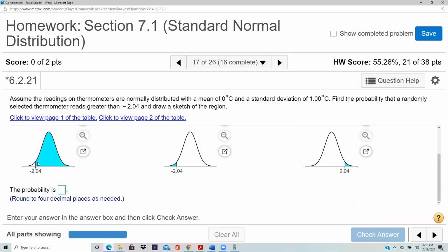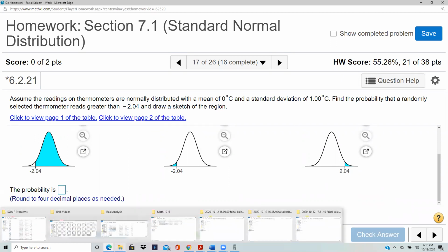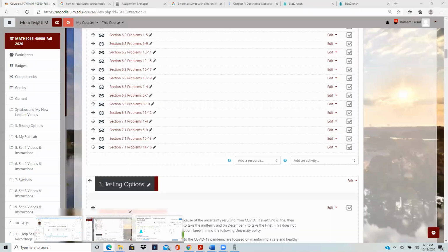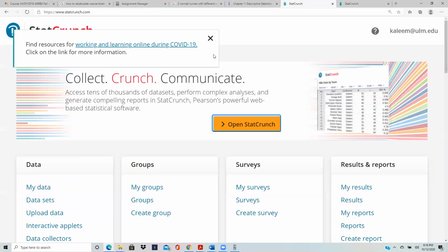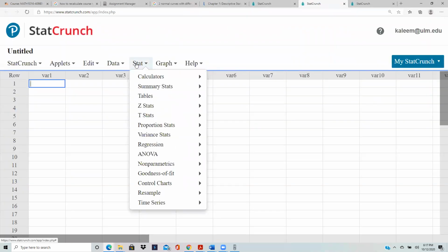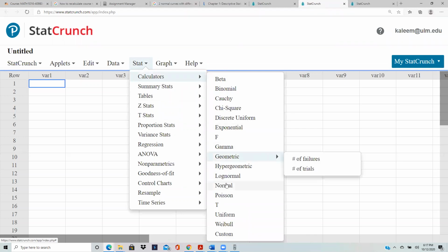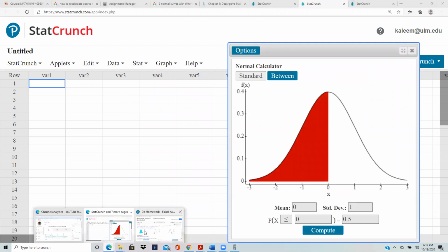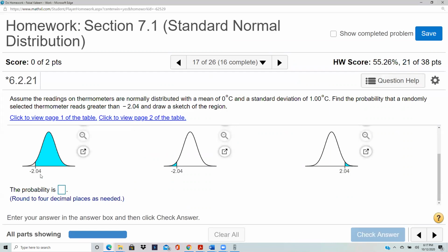This probability can be done by StatCrunch, greater than negative 2.04. So we go to StatCrunch. Remember, it's Stats, Calculators, Normal. The mean was 0, standard deviation was 1, and we wanted the area to the right of negative 2.04.